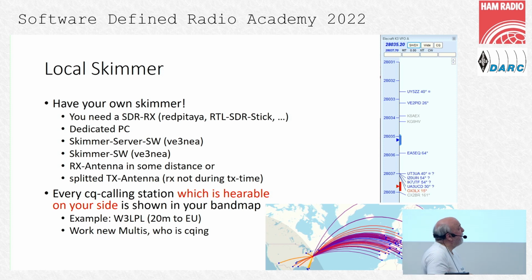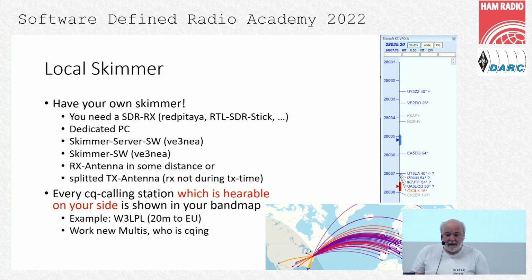This is the skimmer from W3LPL, and you see the CQ calling station from his side, and then W3LPL found this station decoded in his band map, and also the CQ calling new multiplier.